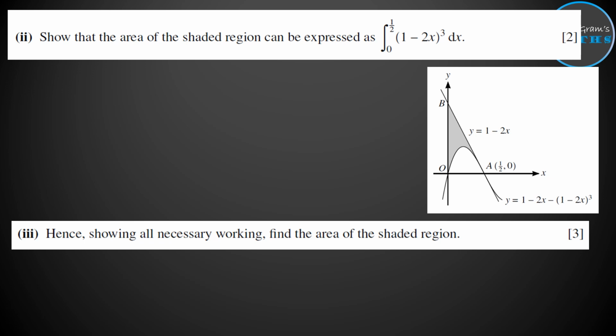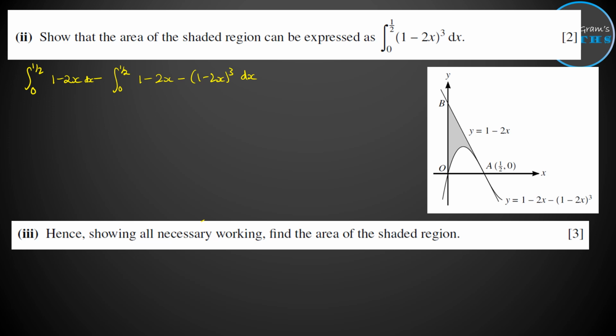Okay, so to find the area, if we want to find the area under the curve, we can integrate. So we will be integrating between 0 and a half for the point from the origin up to that point where they cross at A. And we'll do it for the top line, so the 1 minus 2x, and then we'll integrate from 0 to a half and subtract it from the other one of the curve, which is 1 minus 2x minus 1 minus 2x cubed dx.